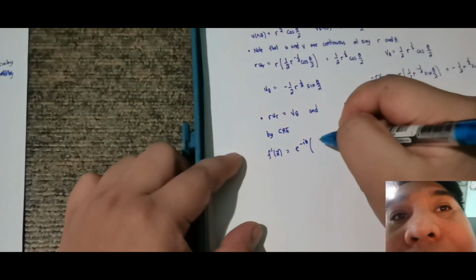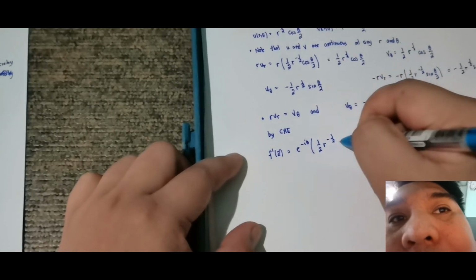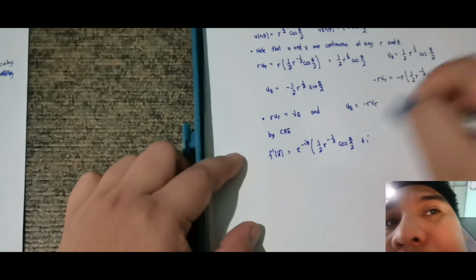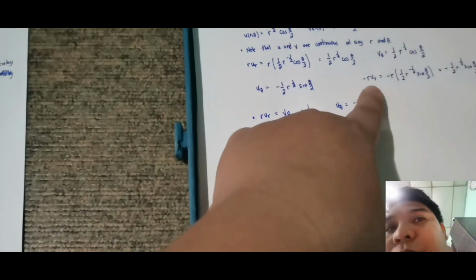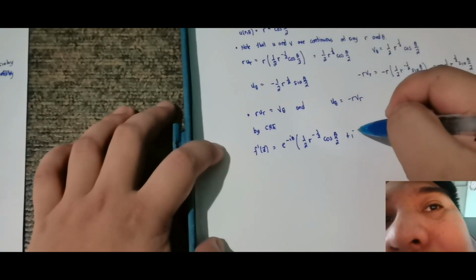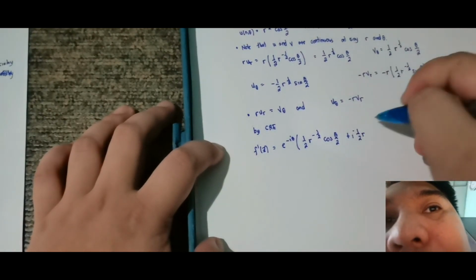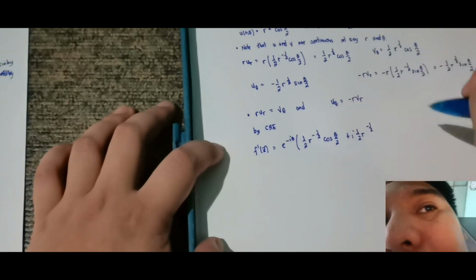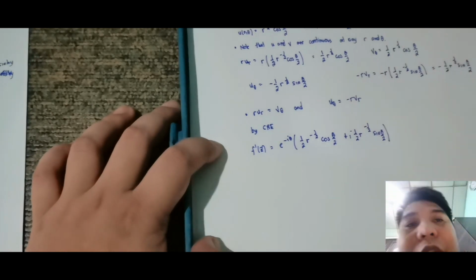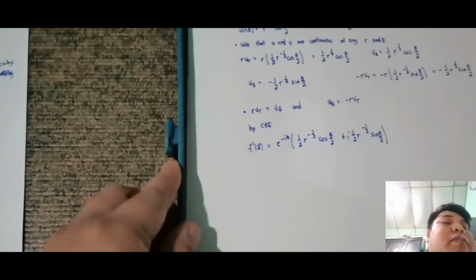So, that is 1/2 r raised to negative 1/2 cosine theta over 2 plus I partial of b with respect sa r, ito lang yun, nasa loob. So that is 1/2 r raised to negative 1/2 then sine theta over 2. Okay, next, ilalabas ko lang yung 1/2 r raised to negative 1/2.